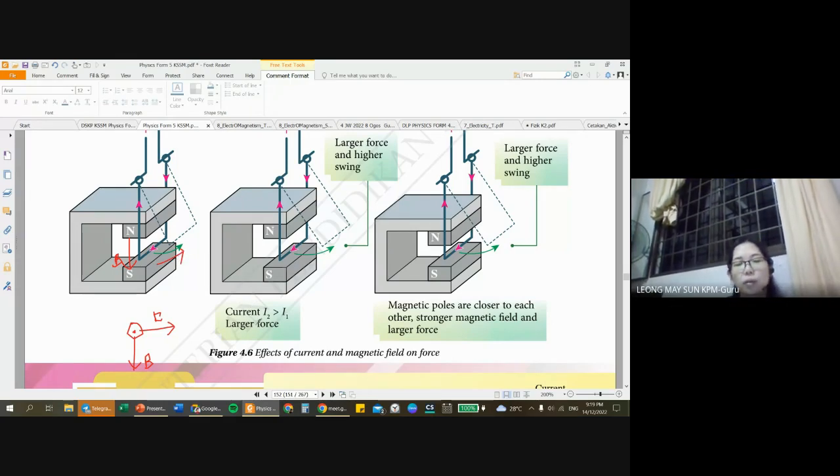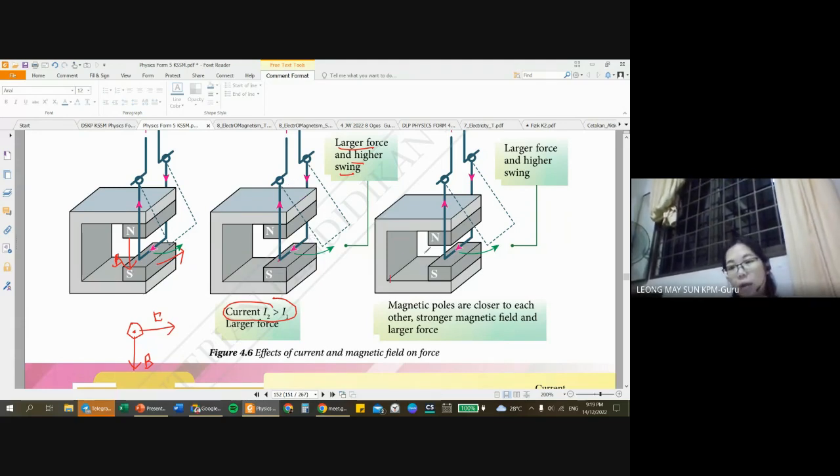Okay, then what they did was they increased the current flow. When they increase the current flow, this wire moves further up. It actually swings higher with a larger force. So that is one method, to increase the current flowing in the conductor, in the wire.